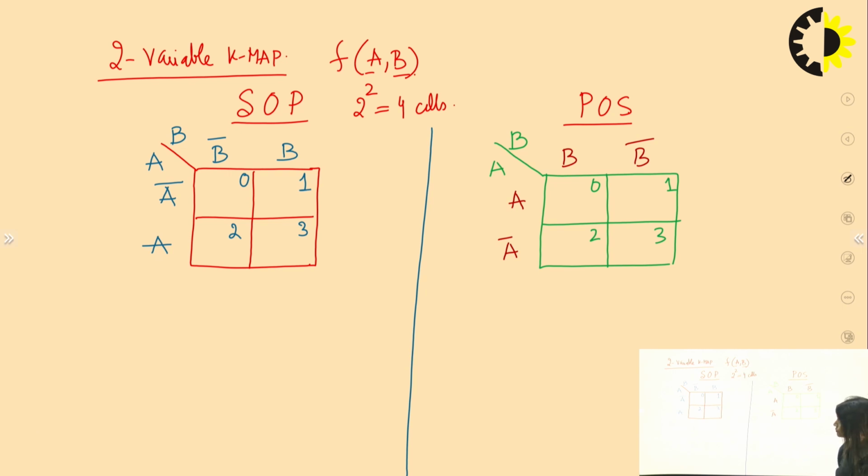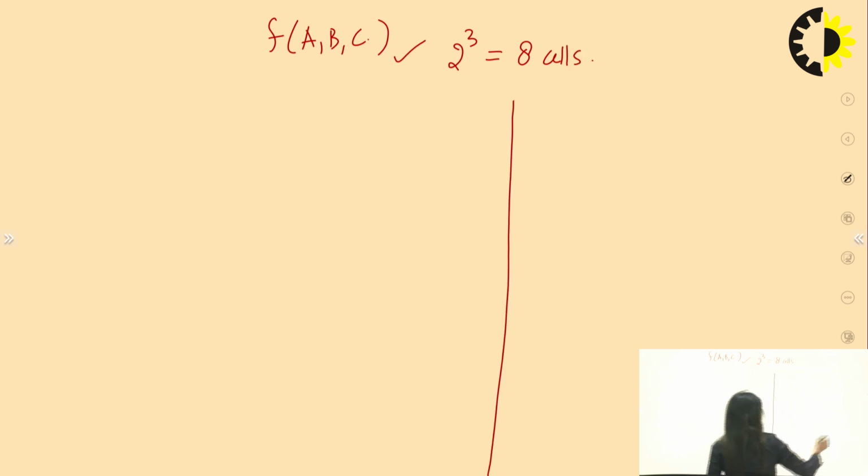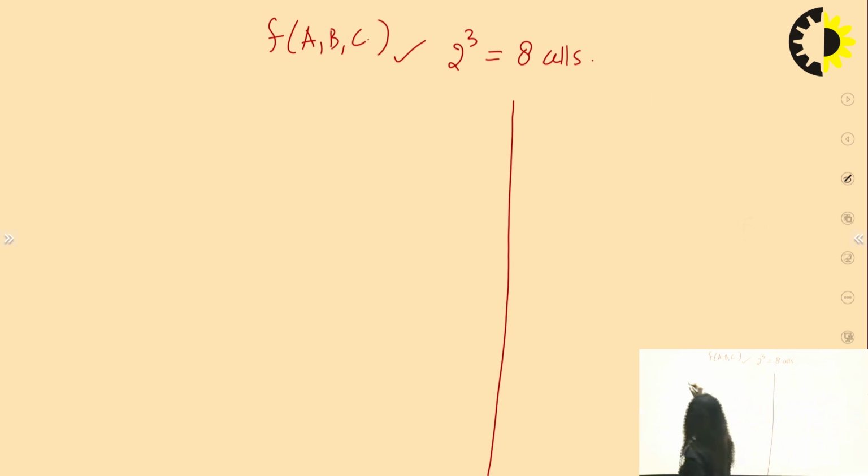Now, I will draw for 3 variables. Again, this is 3 variable. The number of cells will be 2 raised to the power 3, which is 8 cells. First of all, you understand how to draw the K-map.